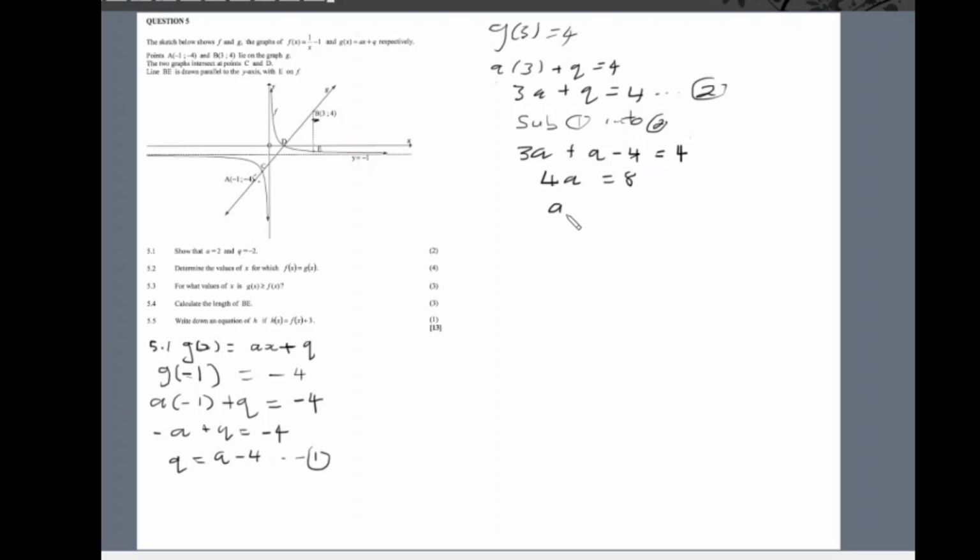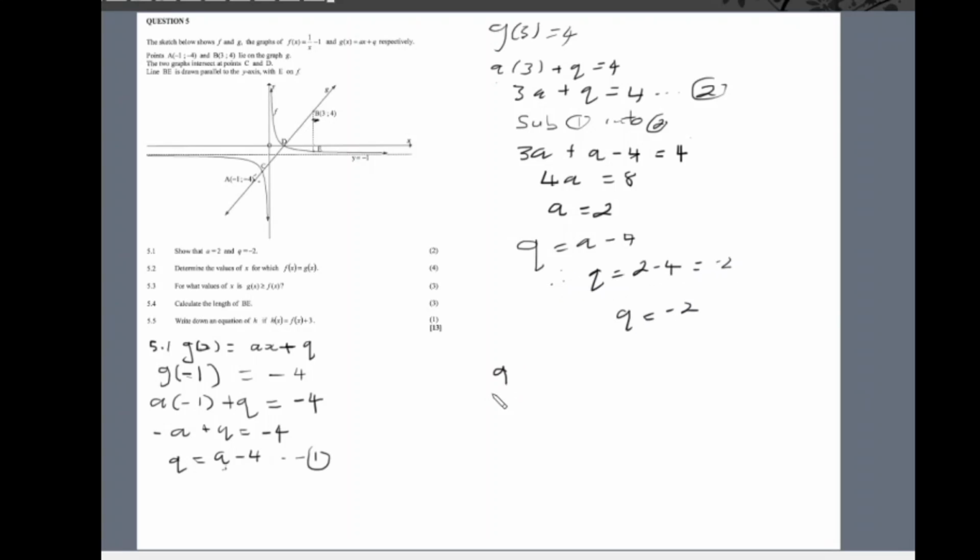Dividing both sides by 4, I'll have a equals 2. Now that I have a equals 2, I can go back to my equation 1 and substitute this value of a to get the value of q. We know that q equals a minus 4, therefore q equals 2 minus 4, which is minus 2. So q equals minus 2.